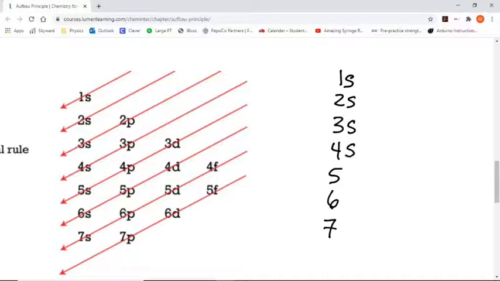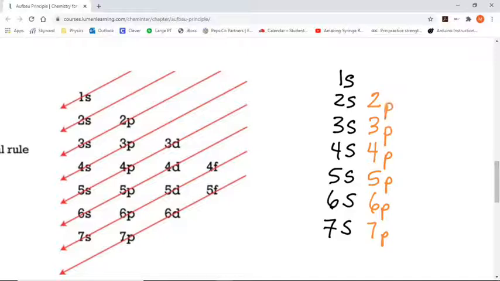The S block is first as far as order of filling. And then we're going to drop down to the P block, which doesn't start until period 2. So again, labeling all of these numbers again, put a P on the back of each of them. Now I'm moving on over. For the D block, which is next, that starts on period 3.